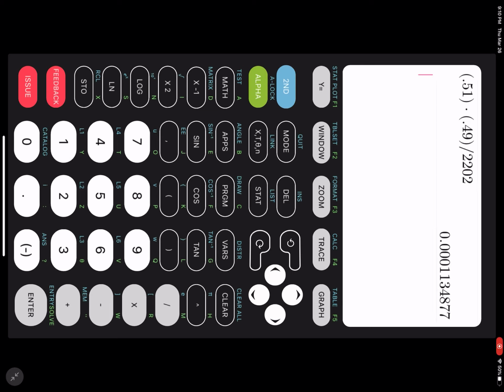That number right there, I want to take the square root. So second, square root, second answer, the little negative sign, and then hit enter. So that's what goes in the denominator.